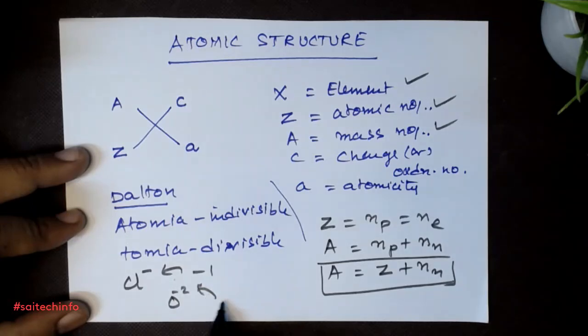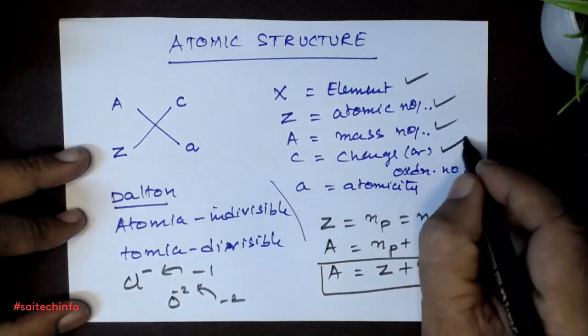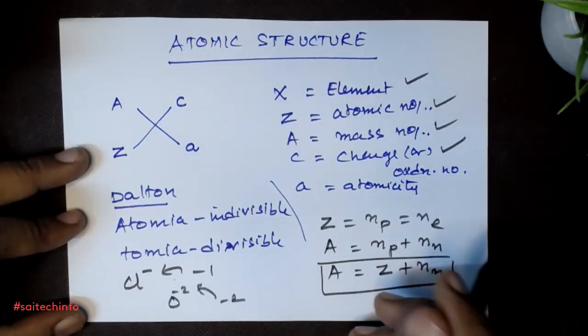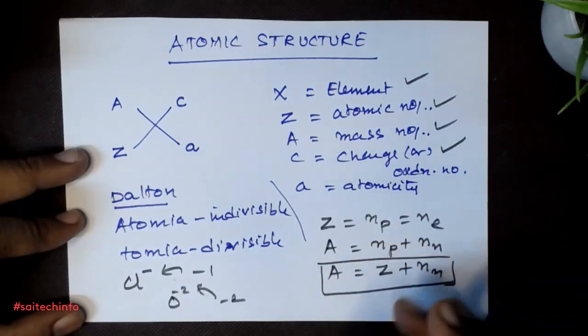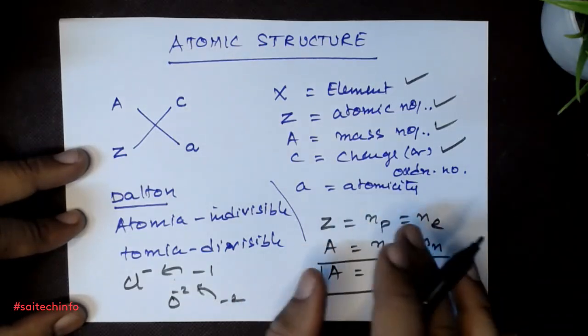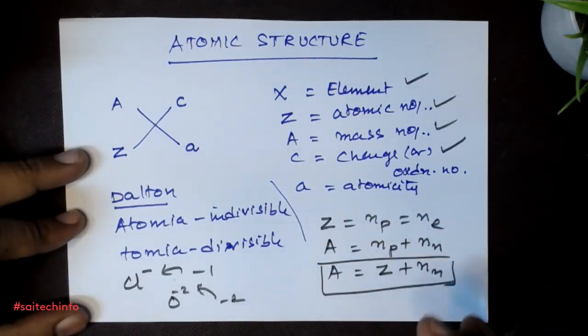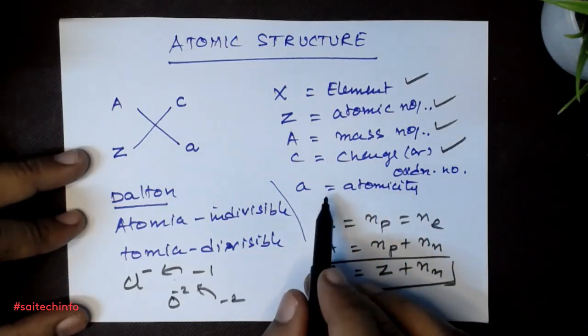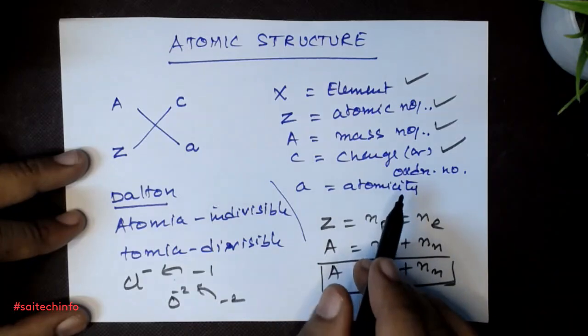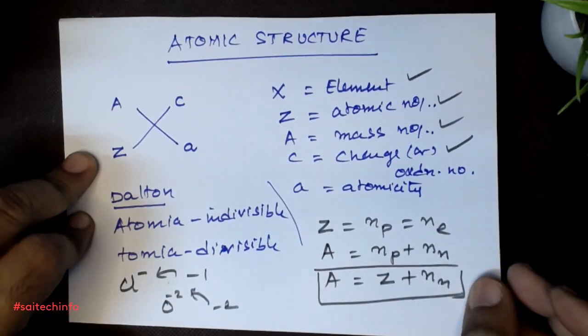So -2 is the oxidation number or the charge of oxygen. And in a neutral atom there is no charge. In a neutral compound or molecule it has no charge. Then atomicity is nothing but the number of atoms in a molecule.